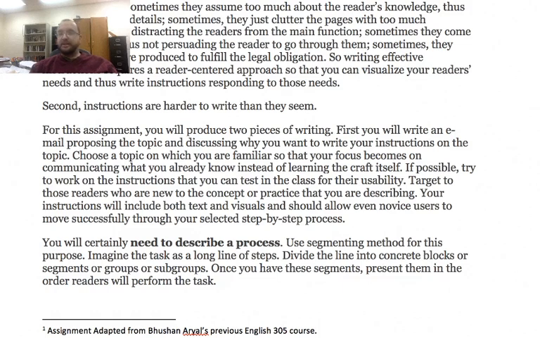Maybe there's some kind of task in your major you can do. You can do something as simple as how to put something together, right? Or how to navigate a website. Tons and tons of options for doing instructions.